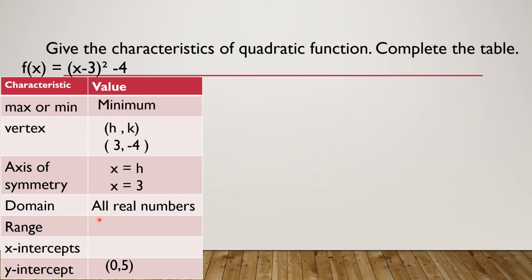We know that all quadratic function, their domain is all real numbers. And the range, we just need to check the value of k, and that is negative 4. And we know that it's going up because the graph opens upward, which means that y is greater than or equal to negative 4.